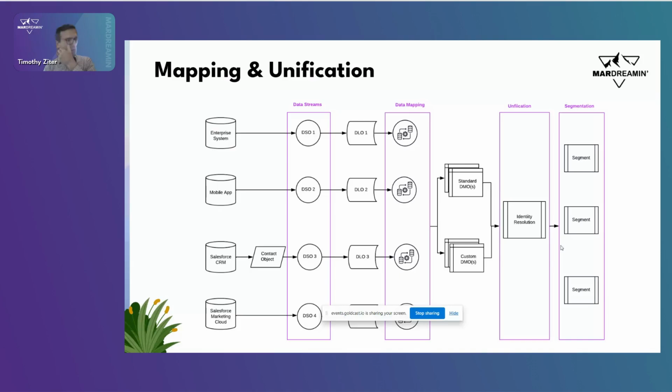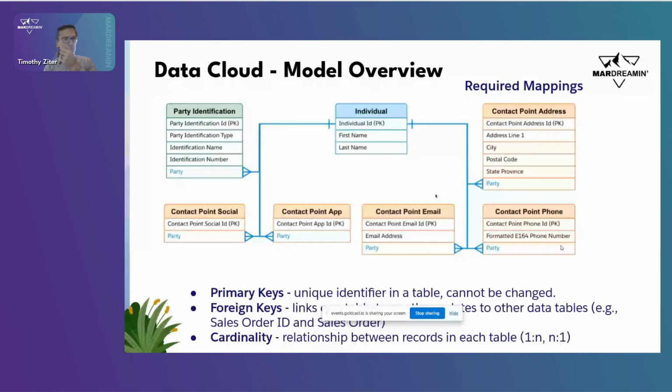And quickly I want to go over the model in Data Cloud that helps you align all those data sources, because you'll see this in action today. When you are bringing in those different data sources, you have some required fields in order to make it work in that data model. In our example today, if we're looking to communicate in Marketing Cloud via email or maybe by phone, we're going to have a couple of requirements here.